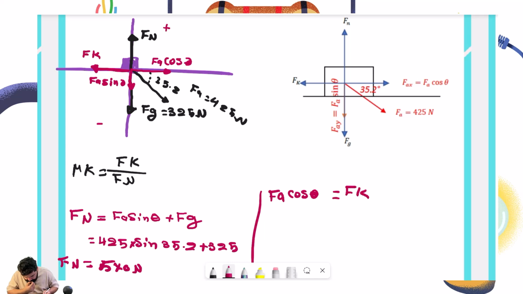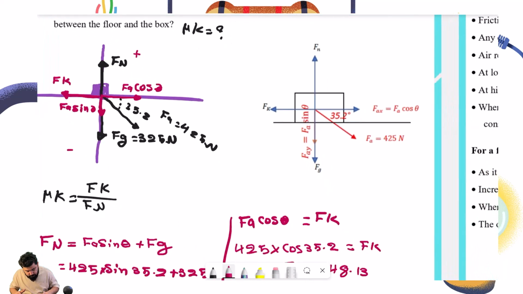So Fk is equal to Fa cosine theta. Fa is equal to 425 multiplied by cosine of 35.2, which is equal to Fk. Fk is equal to 348.13.